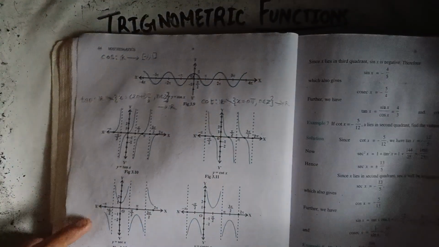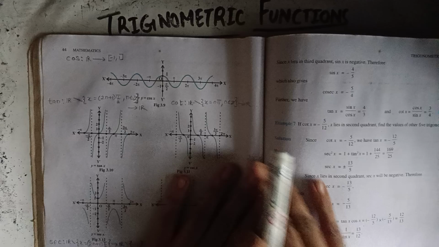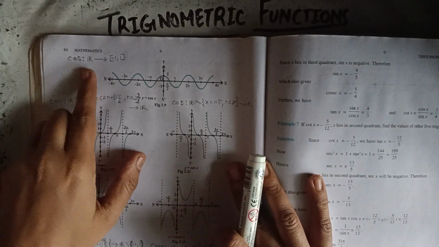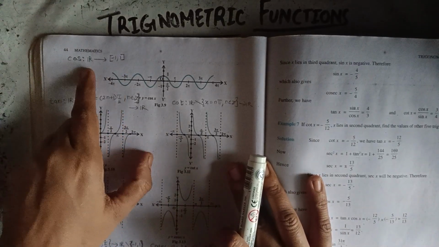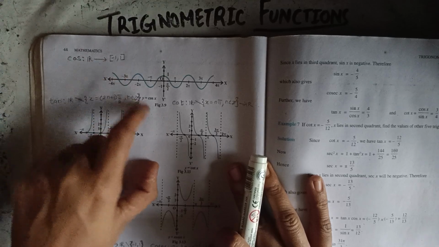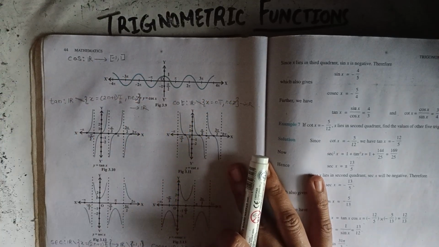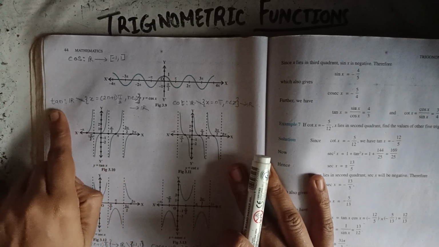Then we have the graph of the cos function, all the graphs are given here. Okay, it is also defined on the same interval, domain and range. So it is also the same as the sine function. Then we have tan.